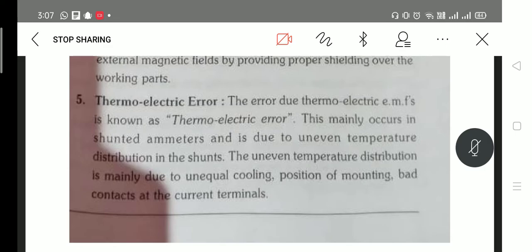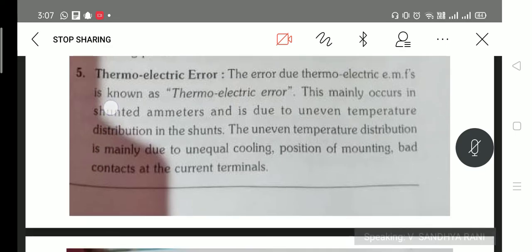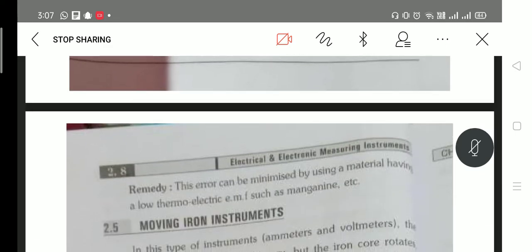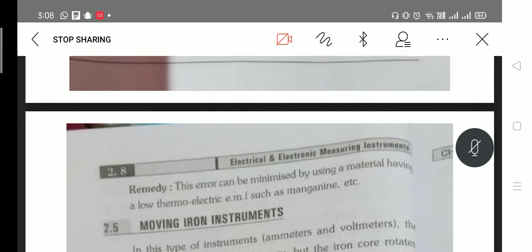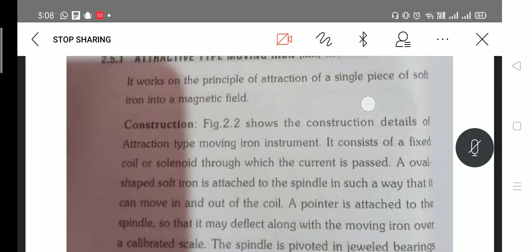We can avoid these errors by minimizing the thermoelectric EMF; if we reduce the EMF, then we can avoid the thermoelectric errors. Okay. These are the errors in the moving coil instrument. The moving iron instrument also has almost the same errors.